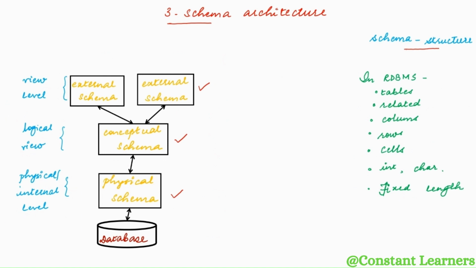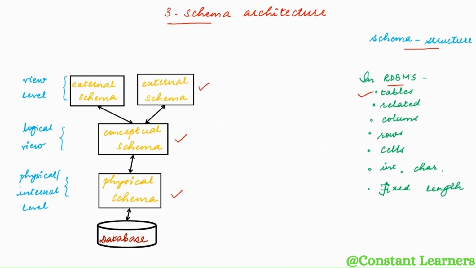Now, in every previous video that we have discussed in database management system, we have always taken the example of relational databases, where the data is stored in the form of tables, and all of this data is somehow related to one another, that is, the tables are related to one another.